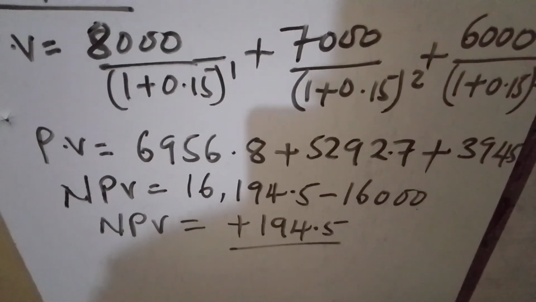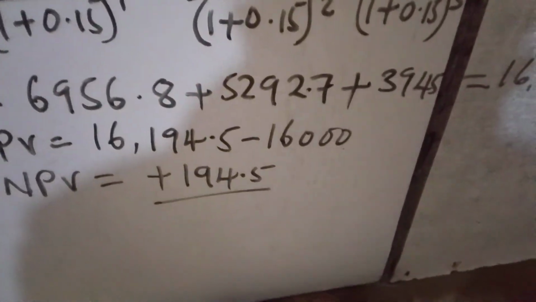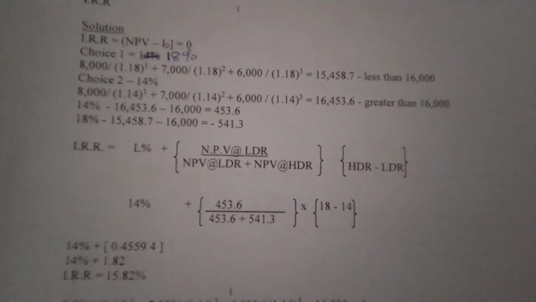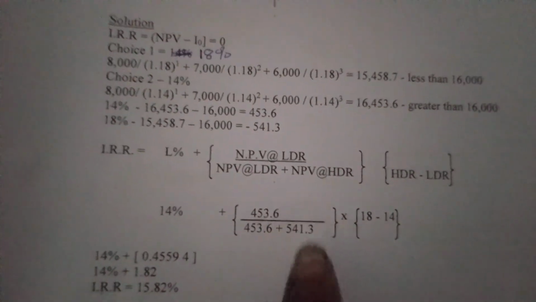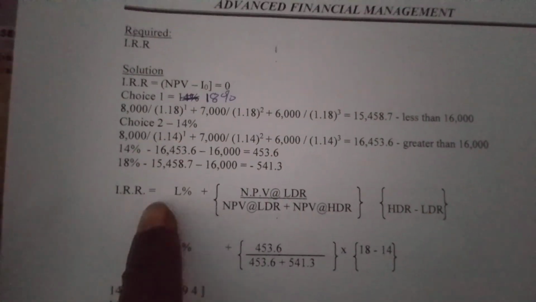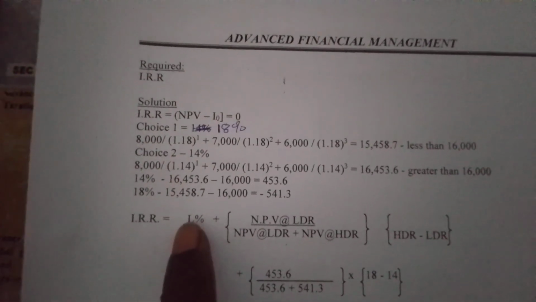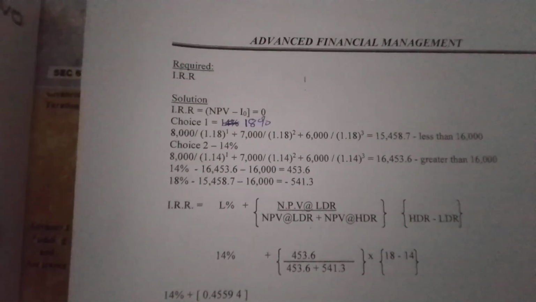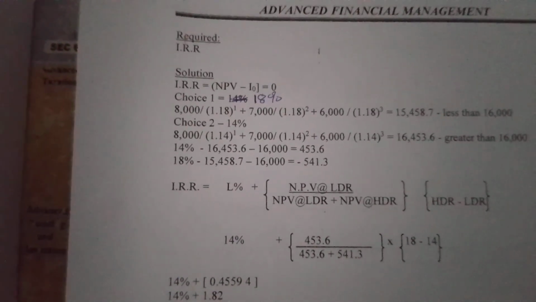Before I move to that slide, there is this formula that I want you to have in mind. When you are doing interpolation, you'll be using this formula. IRR is equal to L% plus NPV.